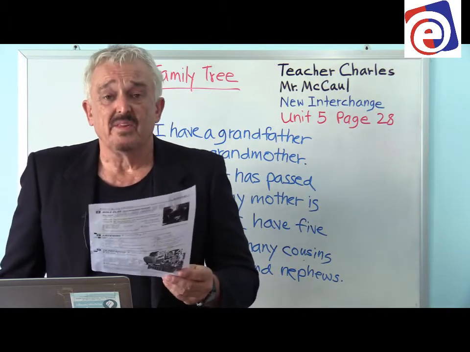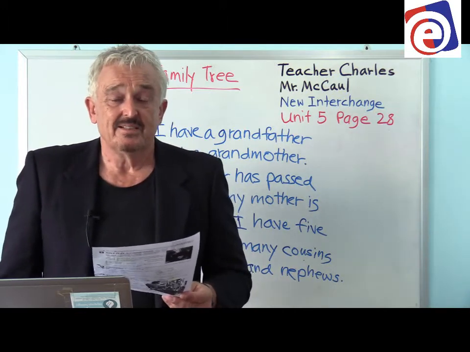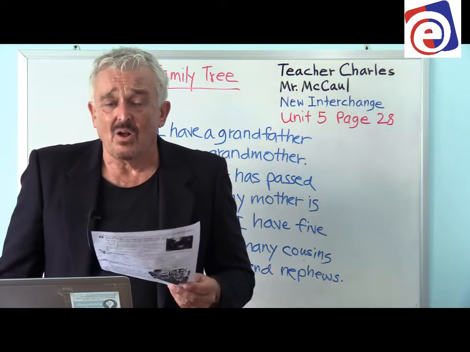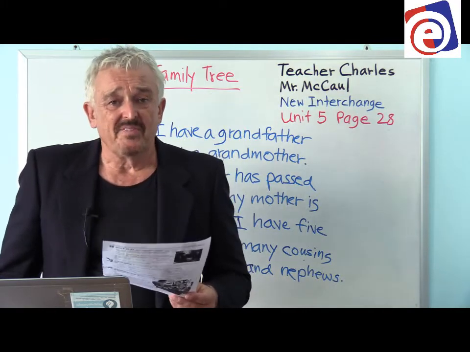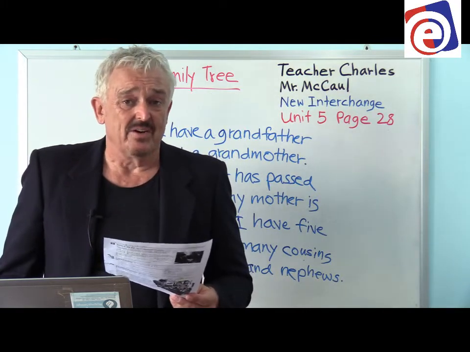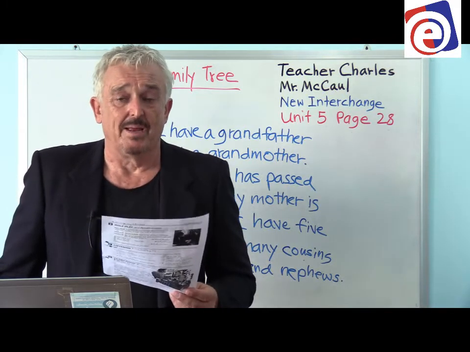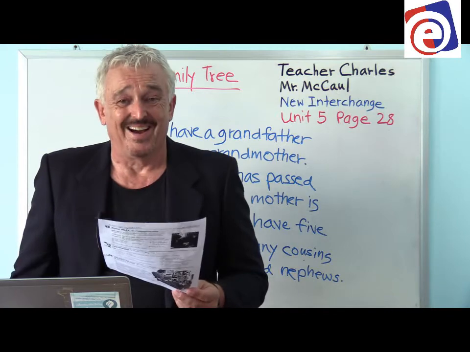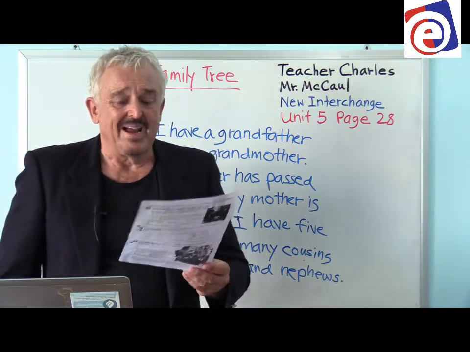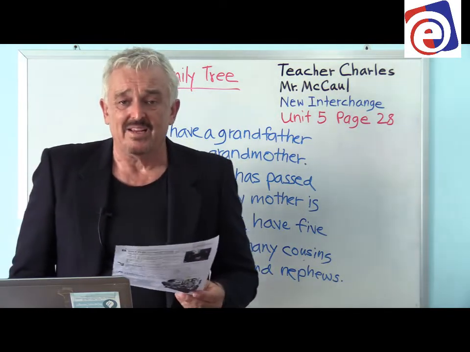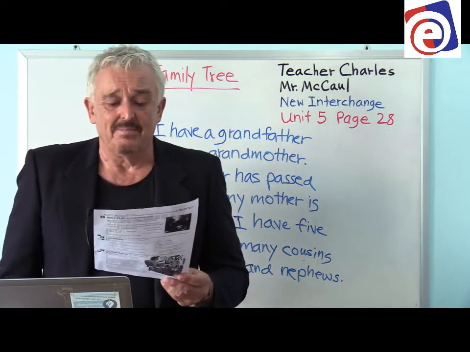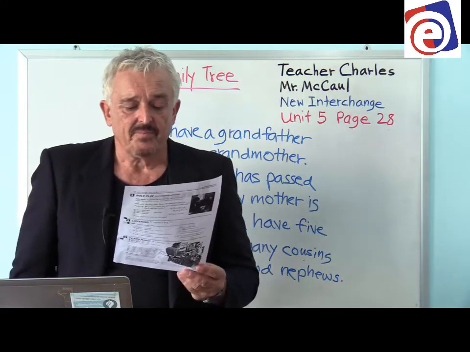And so look, the father's name is James, and the son is also James. And so the father is James Sr., and the son is James Jr. So we call him James Jr., so we're not confused. Okay, so repeat after the teacher, okay?